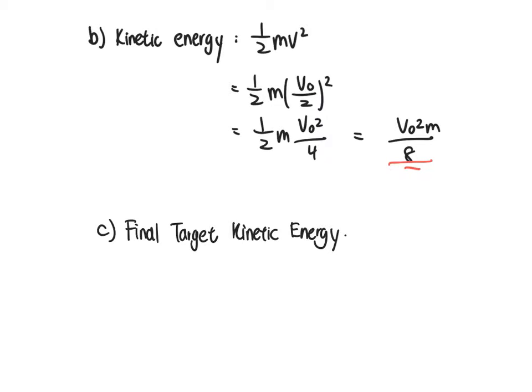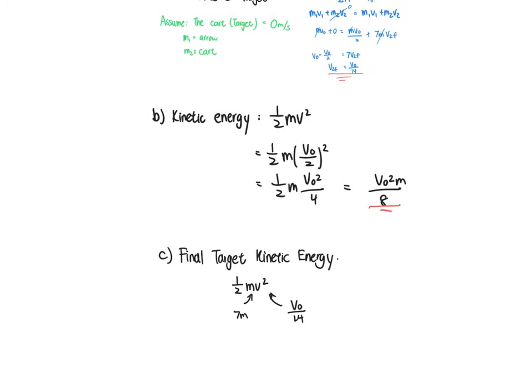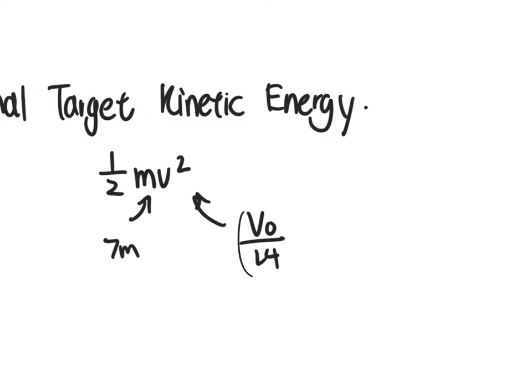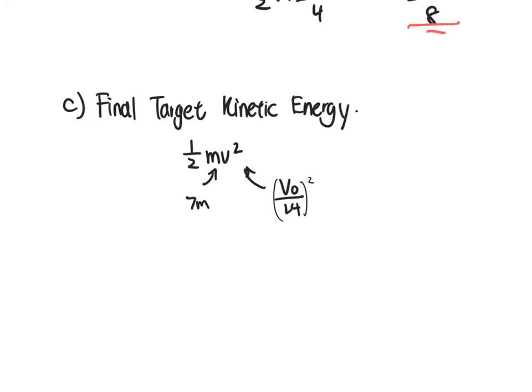Same idea, we use the same equation, 1/2 m v squared, where we know the mass is 7m, given from the question, and the velocity we found, v naught over 14, let me just double check, yes, v naught over 14, and that here is squared.